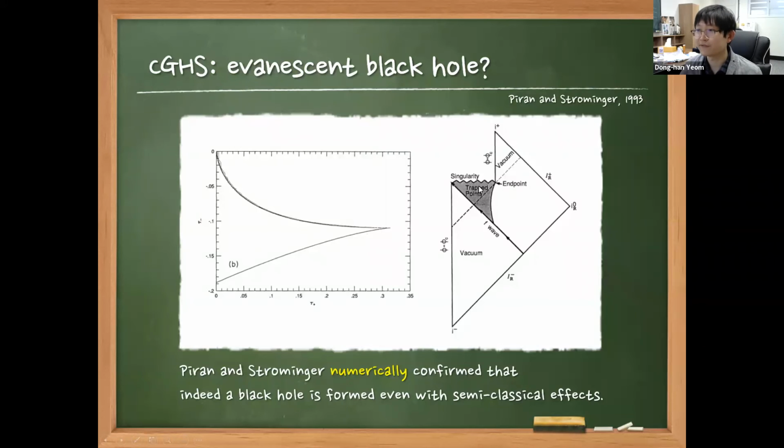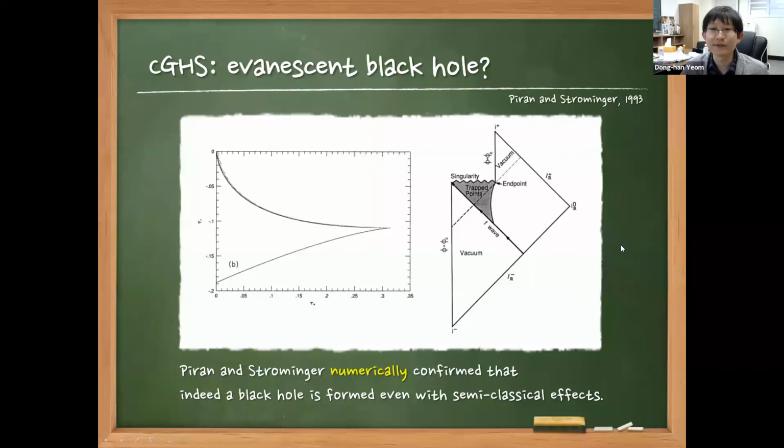And then what they found is that even though we turn on the Hawking radiation, there is a formation of the singularity, and this is the apparent horizon, and there's an endpoint, and you can draw the event horizon. So Piran and Strominger numerically confirmed that indeed a black hole is formed even with the semi-classical effect.